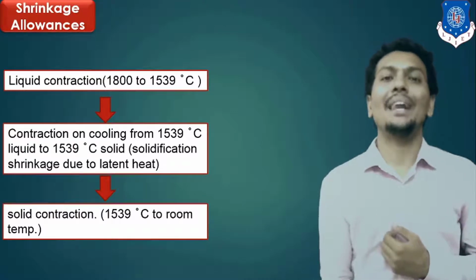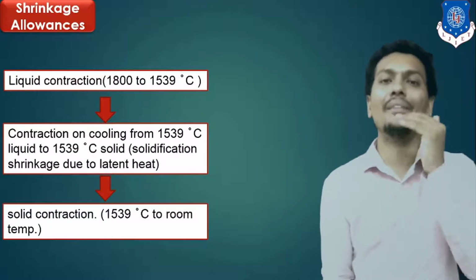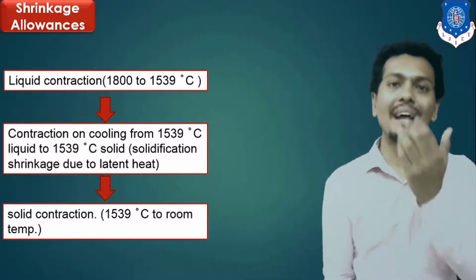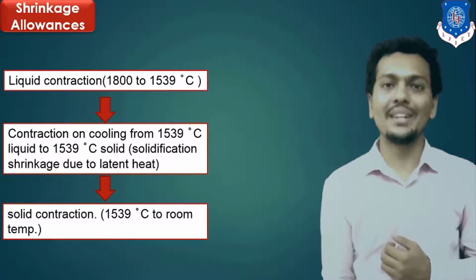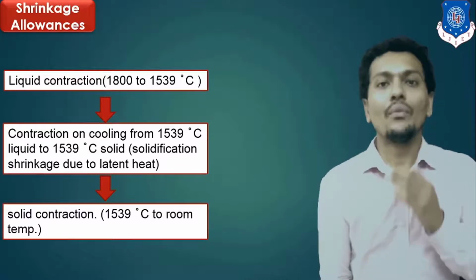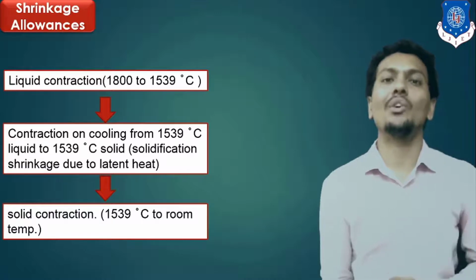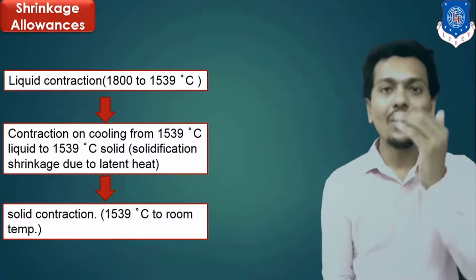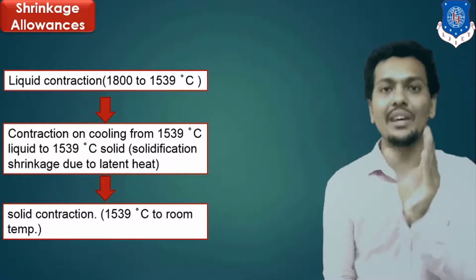Latent heat is removed in the change from 1539 liquid to 1539 solid, without any temperature change, as per our thermodynamic concepts. From 1539 solid to room temperature, it is known as solid shrinkage. In all these three stages, there is a contraction or shrinkage in dimension.